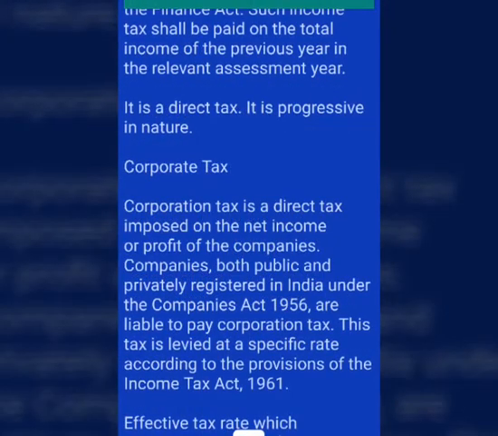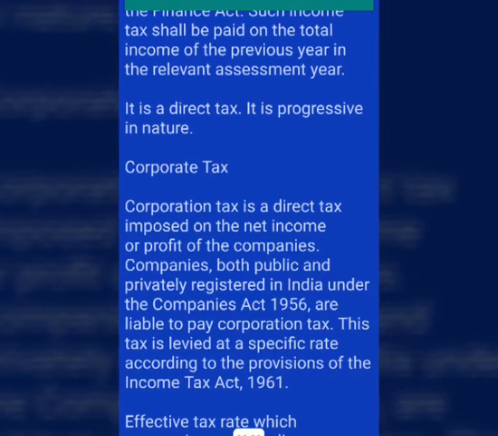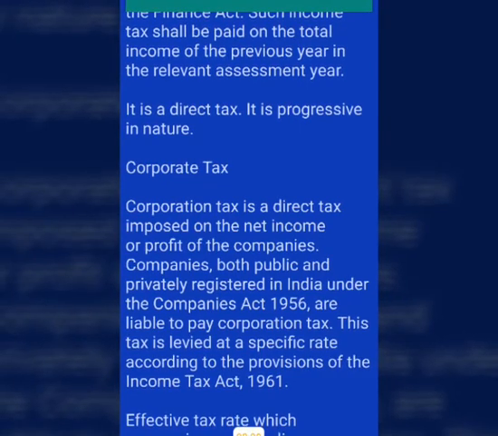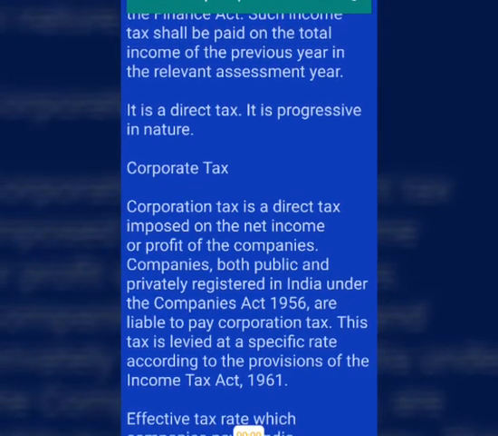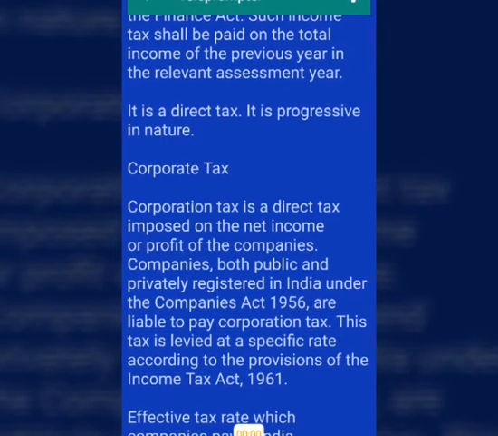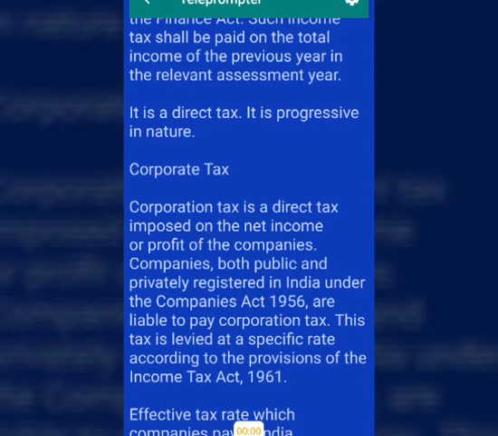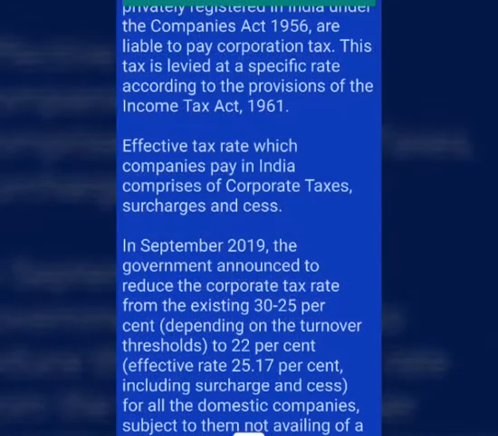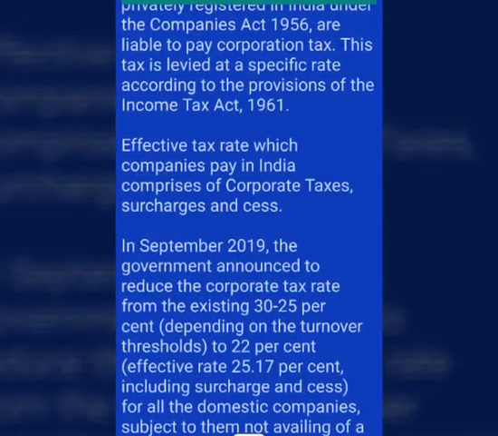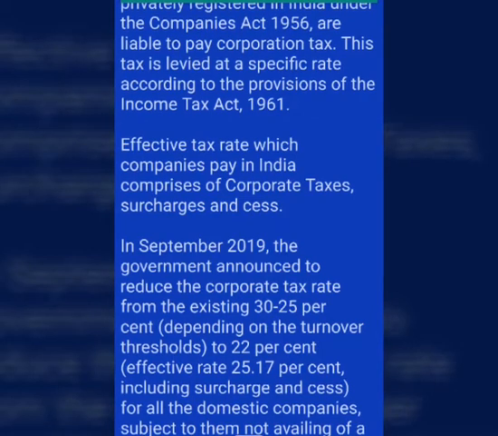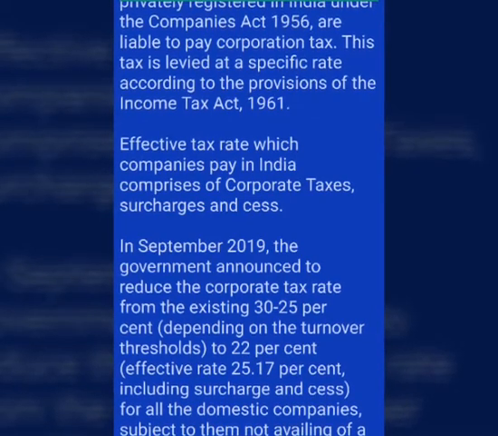Corporate tax. Corporation tax is a direct tax imposed on the net income or profit of the companies. Companies, both public and privately registered in India under the Companies Act 1956, are liable to pay corporation tax. This tax is levied at a specific rate according to the provisions of the Income Tax Act 1961.